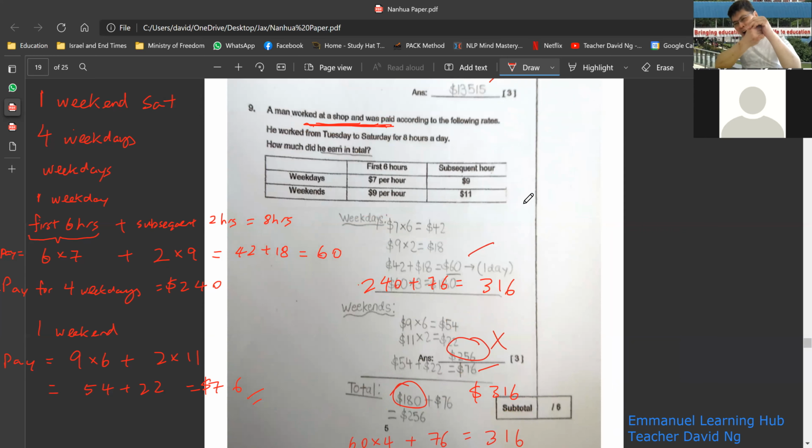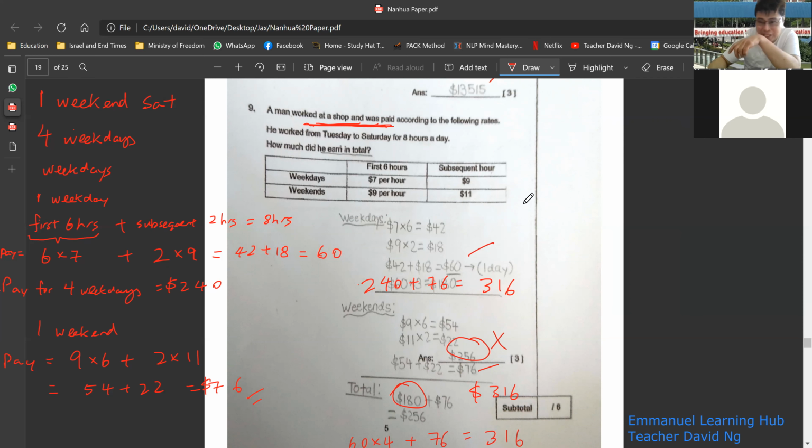Do you notice just now I count, right? I just use finger to count. I said Tuesday, Wednesday, Thursday, Friday is 4 days. That was how I count.